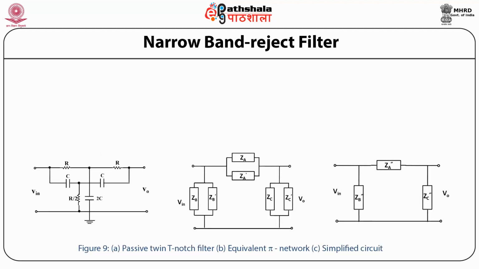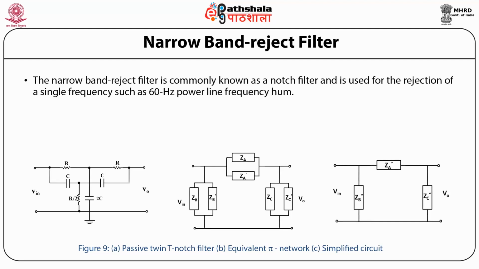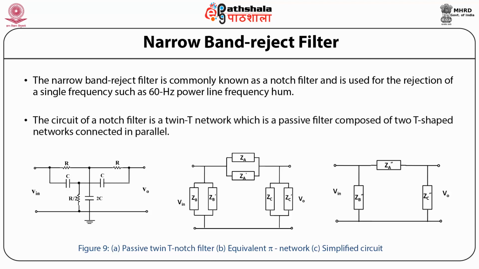We next discuss the narrow band reject filter. The narrow band reject filter is commonly known as a notch filter and is used for the rejection of a single frequency such as the 60 Hz power line frequency hum. The circuit of a notch filter is a twin T network, which is a passive filter composed of two T-shaped networks connected in parallel.